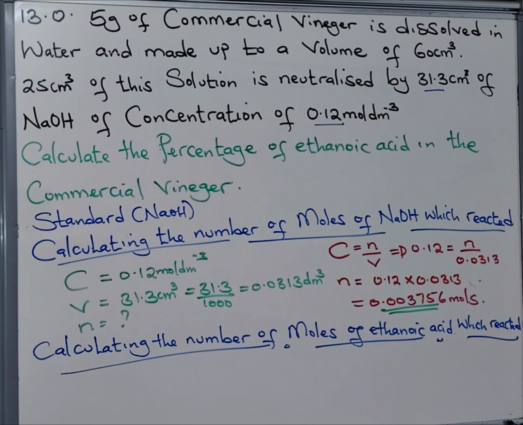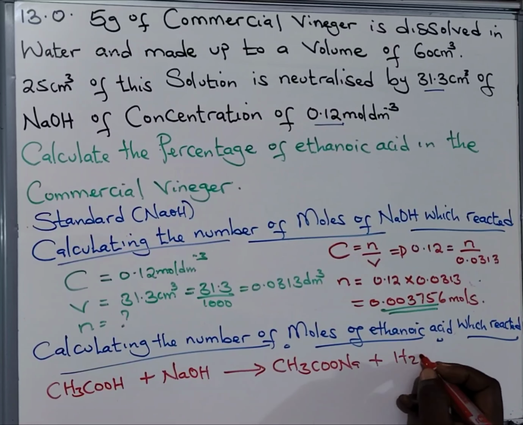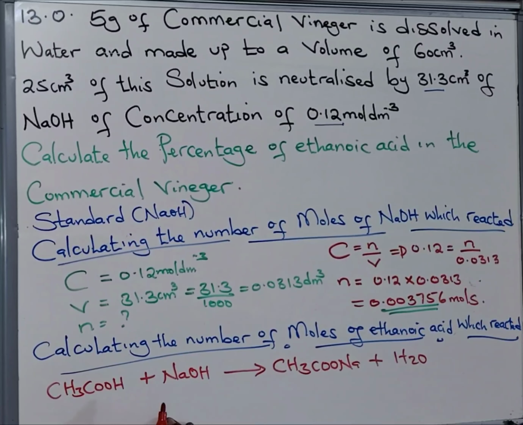You have your ethanoic acid, which is going to be CH3COOH, reacting with the sodium hydroxide, giving you what? Sodium ethanoate as our salt, plus water. The equation is balanced.